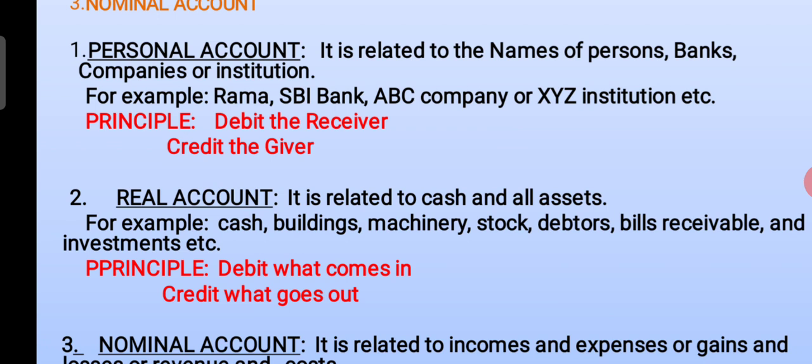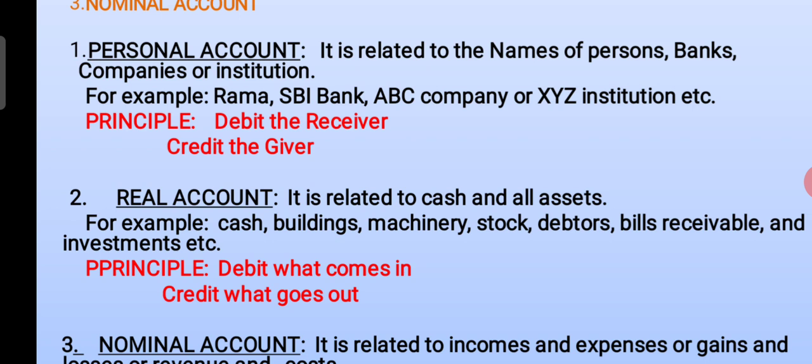All assets means whatever assets we use in the business come under real account. Examples: cash, that is money, buildings, machinery, stock, debtors, bills receivable and investment, etc. All these are examples for real account.